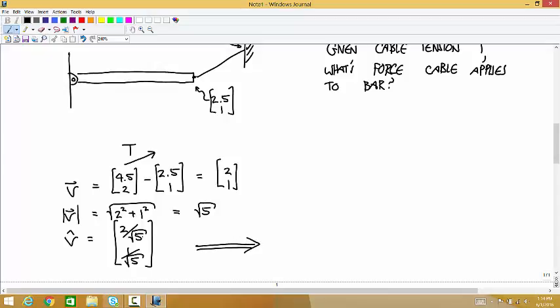And so now that we know this, we know that the force vector is equal to T times that unit vector we just calculated, which is 2T over root 5, T over root 5.